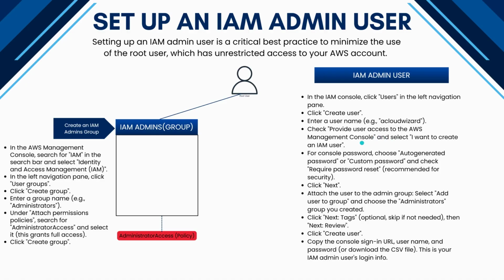We're just going to go with console for the moment, and we can auto-generate a password. And then we're going to attach it to the admin group, and we can put some tags in there if we want, and then create the user. So let's go away and do that.